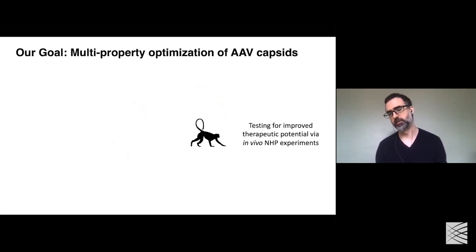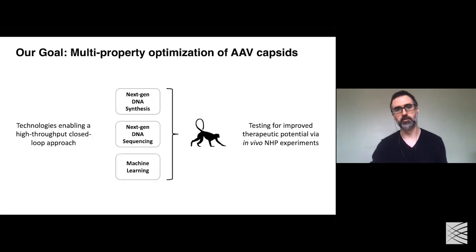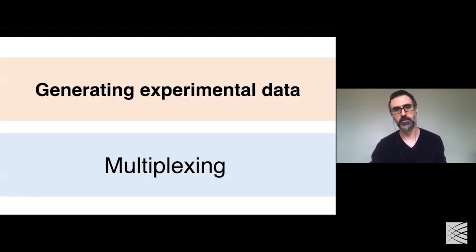So we wanted to get the most relevant data for ensuring success in humans, and that meant it would be great if we could also do the development of our capsids in the non-human primates, where they're eventually going to be validated prior to clinical work. What we found very interesting and exciting was that these new high-throughput technologies could make that possible to do cost-effectively. In one animal, if we're testing hundreds of thousands of different variants, the barrier to doing these in non-human primates is potentially removed.